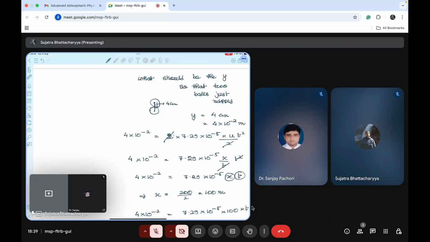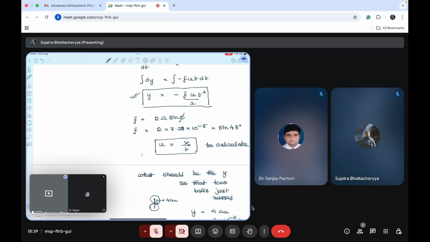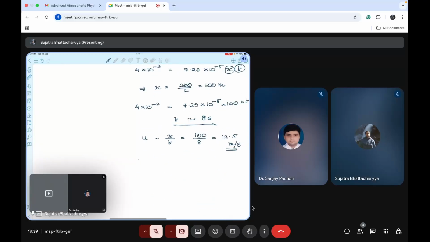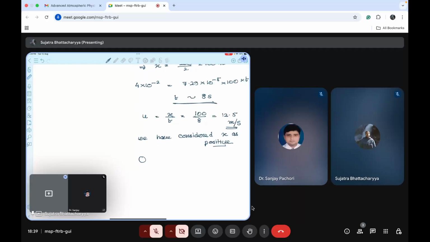Now, the question is what happens to this negative sign? There is a meaning of this negative sign as well. Let's understand this. We have considered x as a positive value, we have written plus 100. That means we are considering this ball because this is the positive x.